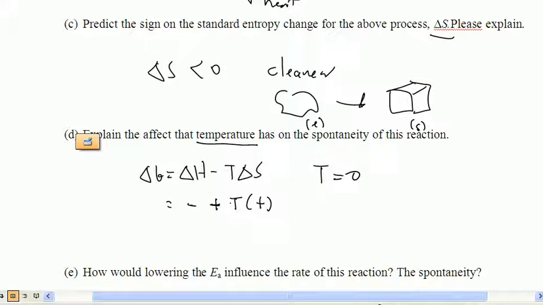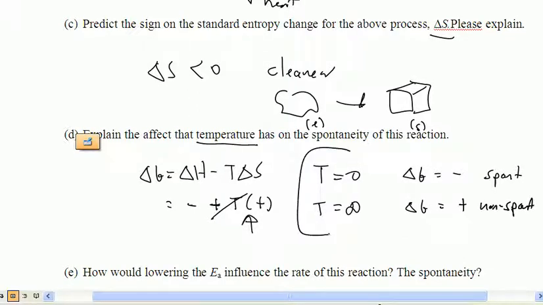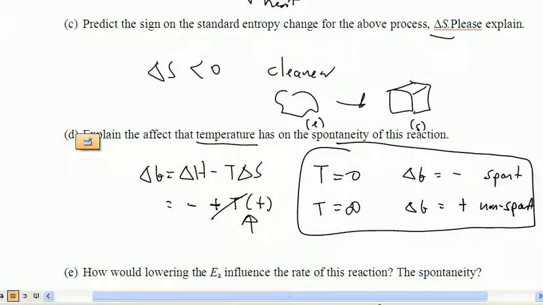So if temperature equals 0, this is out of the ball game, and delta G is negative, it's spontaneous. And if temperature goes to infinity, this side's going to win. Delta G is positive, it's non-spontaneous. Basically, when it goes to 0, this is going to be the value. And when it goes to infinity, or a very high temperature, whatever that is going to be the value.